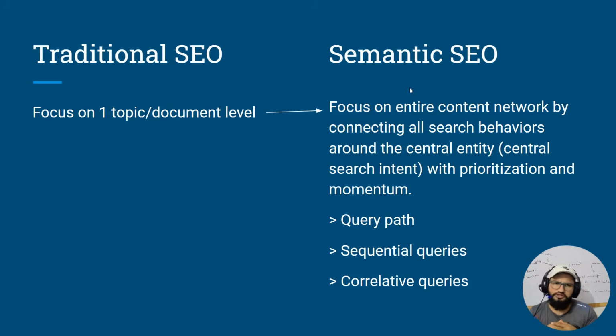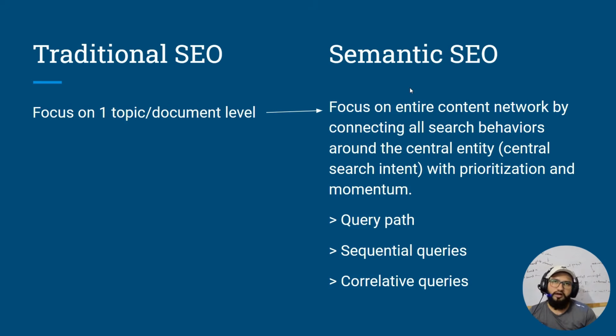So traditional SEO versus semantic SEO, the second difference is, in traditional SEO, you focus on one topic or document level. For example, if I'm covering a page on best protein powder for muscle gain, I'm just focusing on this page. As I mentioned, I'm getting data in the form of keywords, getting people also ask against the target keyword I've just entered, and getting all the triggered people also ask questions.